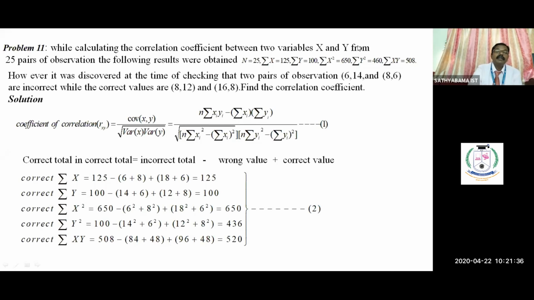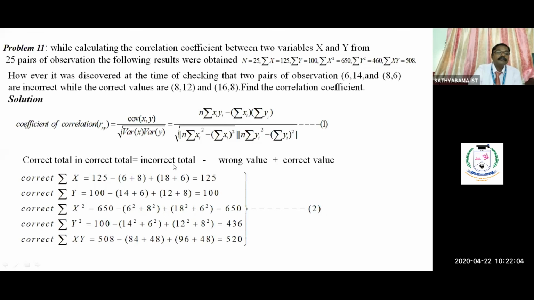But what we did is, here we have made the correction: 6, 14. Fine. X is 6, the x coordinate. So what is the y coordinate? That is 14. 6, 14. So we have to remove the incorrect total.